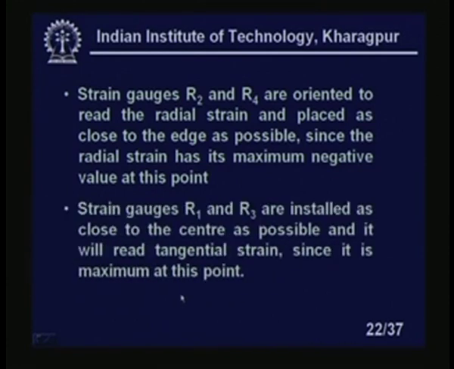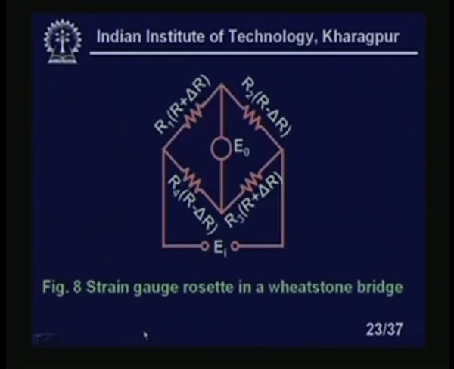Strain gauges R1 and R3 are installed as close to the center as possible, and they read tangential strain since it is maximum at this point. This is our strain gauge: R1 and R3 sense the tangential stress, and R2 and R4 sense the radial stress, which is compressive, so it will be negative. So resistance values are decreasing here and increasing there; all are active gauges.